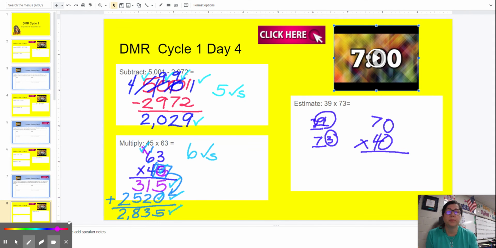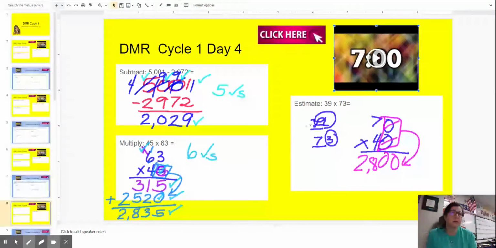There, I did change colors. So put these 2 zeros in the trailer, cross them out, send them to the bottom. Then 4 times 7 is going to give me 28. So your estimate of 39 times 73 or 73 times 39 is 2,800.